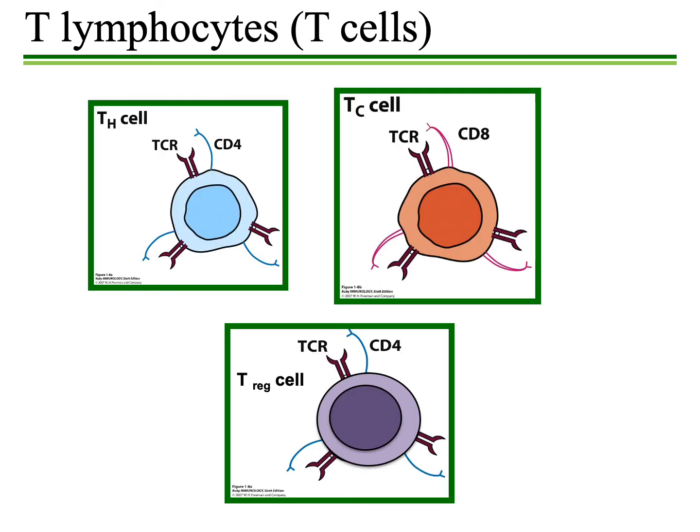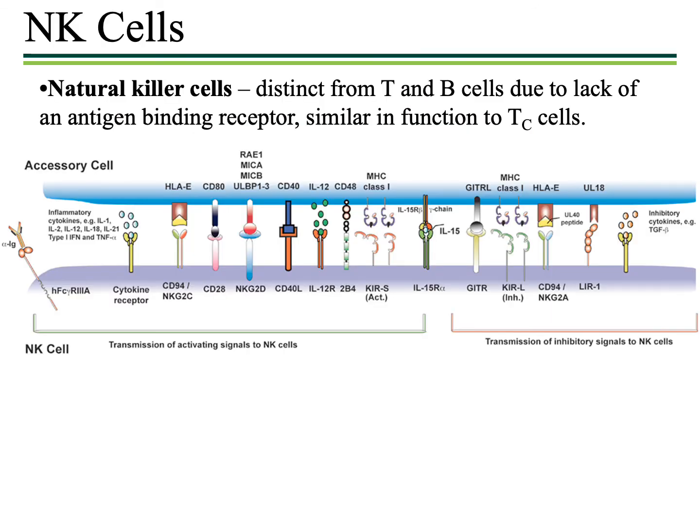The third type of lymphocyte that is distinct from B cells and T cells are natural killer cells. They are distinct from B cells and T cells because they do not have an antigen binding receptor, but their function overall is very similar to a cytotoxic T cell. Their job is to destroy altered self cells.